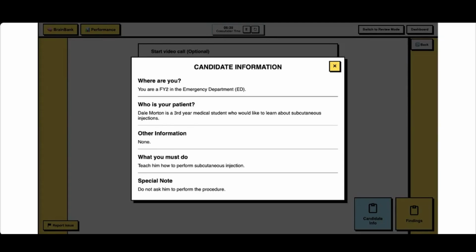So Dale, maybe I can just do an assessment of your basic understanding of subcutaneous injections before we start. What is it that you know about subcutaneous injections? I don't really know much about it. I've just seen it being given to patients, especially on the ward. I've seen it being administered for heparin.